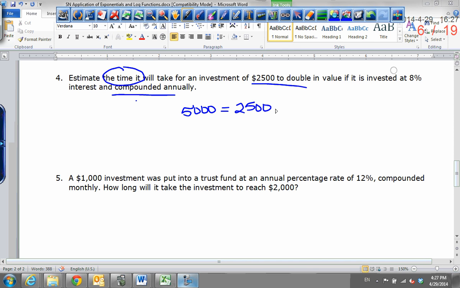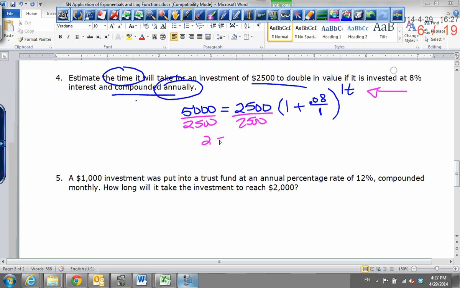My initial amount, my principal, is $2,500. I got 1 plus my interest rate, 0.08, divided by compounded annually. Annually just means 1. And then 1 t, I don't know time. So if I'm trying to get t by itself, I'm going to first divide by 2,500.